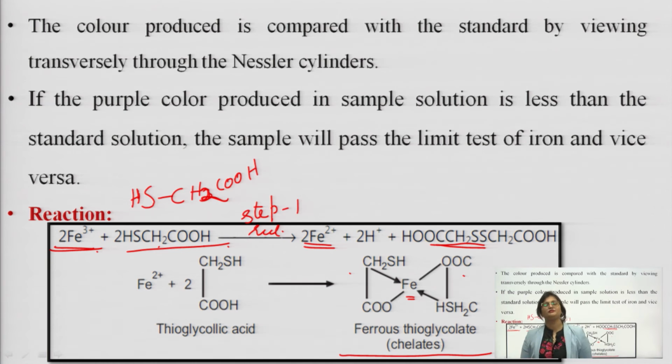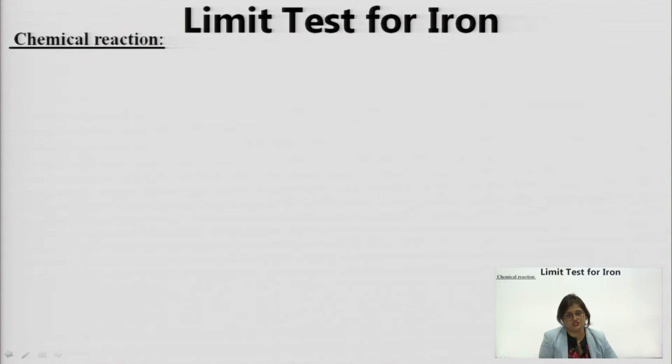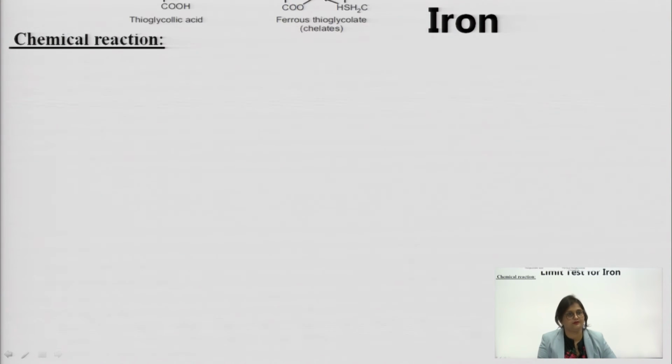So, if the purple color produced in the sample is less than that of the standard, it means that our sample will pass the limit test for iron, and vice versa. Clear all of you? Now we will see a diagrammatic representation for the limit test of iron.